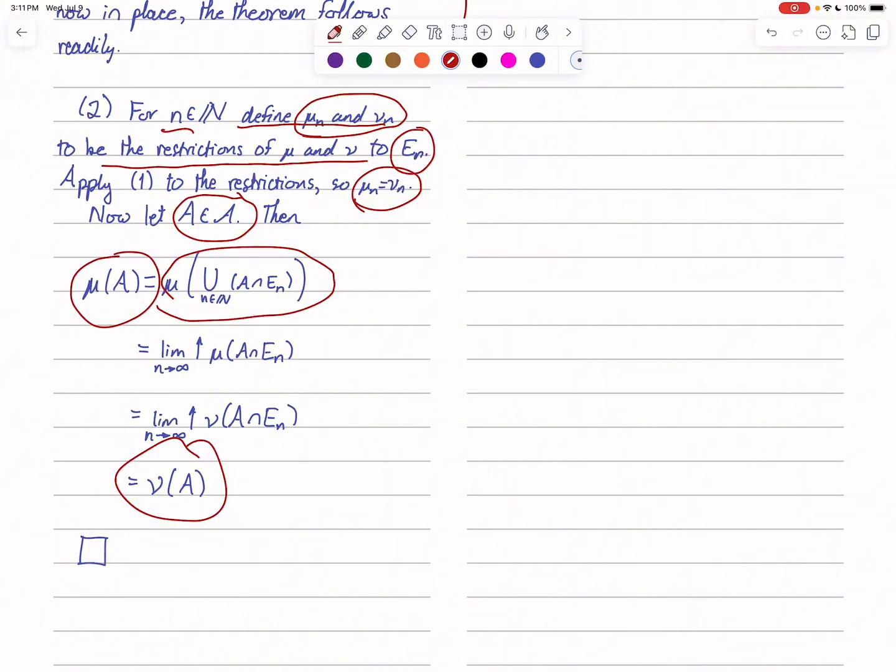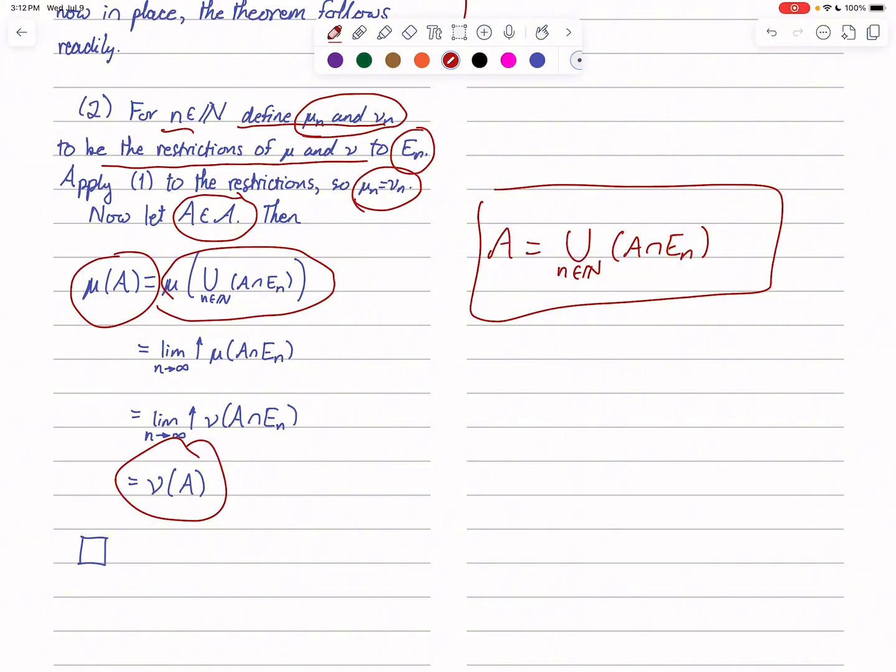Well, it should be very obvious and straightforward that A is equal to the union over all n of A intersect E n. I'll let you prove that for yourself if you like, but I take that as not hard to understand and not hard to prove. So with that in hand, we can apply continuity of measure from below.